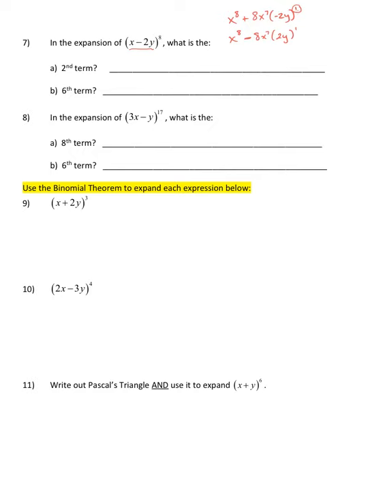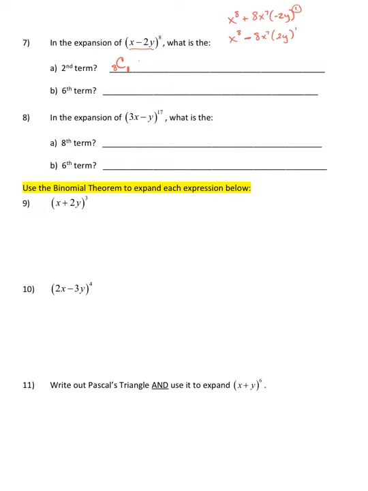So you'd have to pick which way you want to do it. It doesn't really matter. So the second term here is going to be the combination of 8 things taken one at a time. Remember, this number is always 1 less than the number of the term.